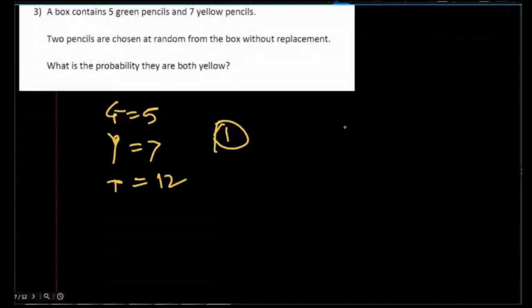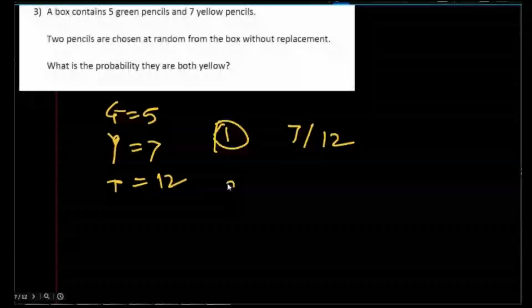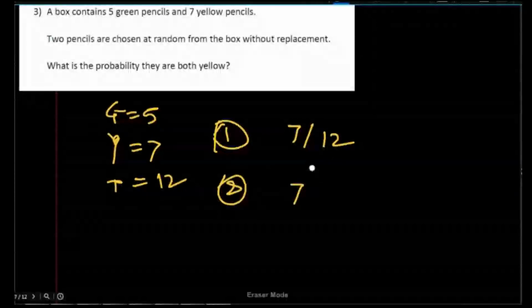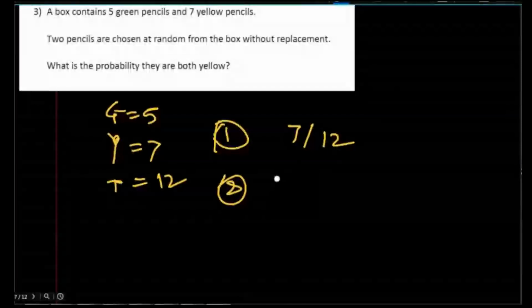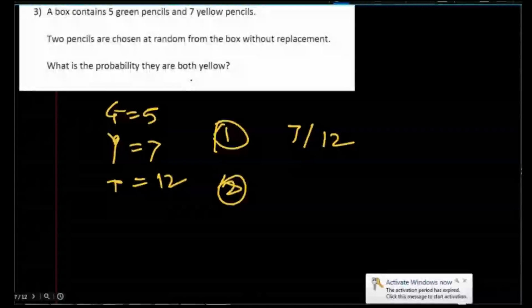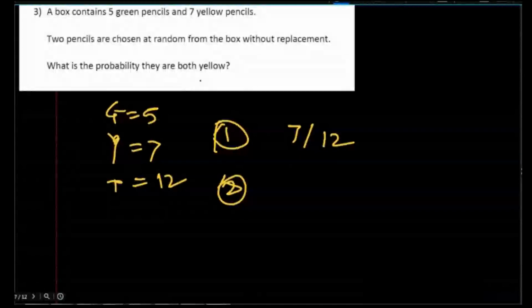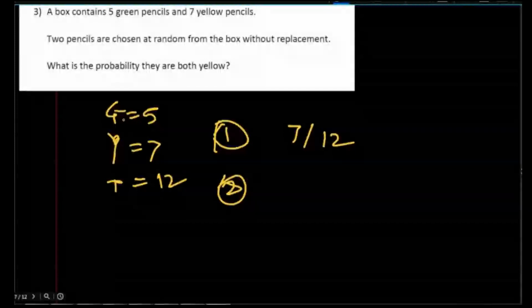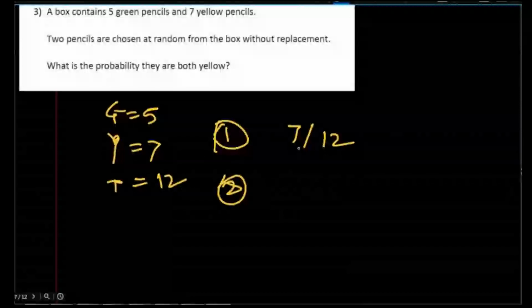Can you tell me quickly, for the first experiment, the probability of yellow is 7 by 12.